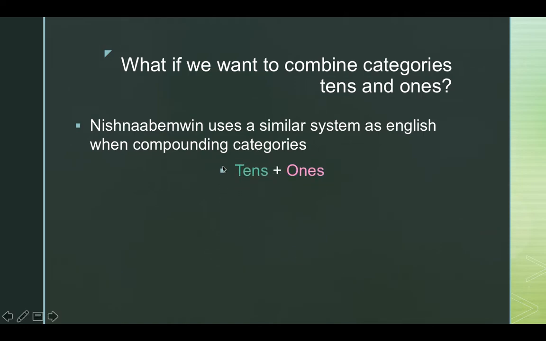We start off with our tens category first, then our ones category. So in English, this 6-4 combination would be pronounced 64. In Ojibwe, we would say Gindaaswinan, 60, Nishnaabemwin, 4. Gindaaswinan, 64. We add that sh in between the categories.